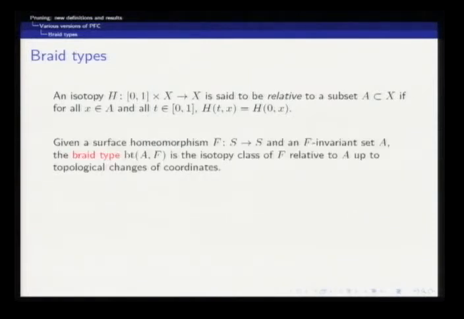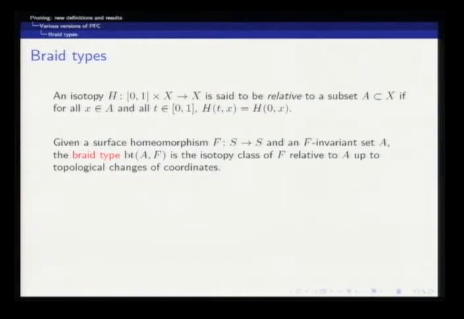Given a surface homeomorphism F, and F again is meant to remind you of the horseshoe, and any invariant set A, the braid type of A is the isotopy class of F relative to A, up to topological changes of coordinates. So what is the braid type of an invariant set A?